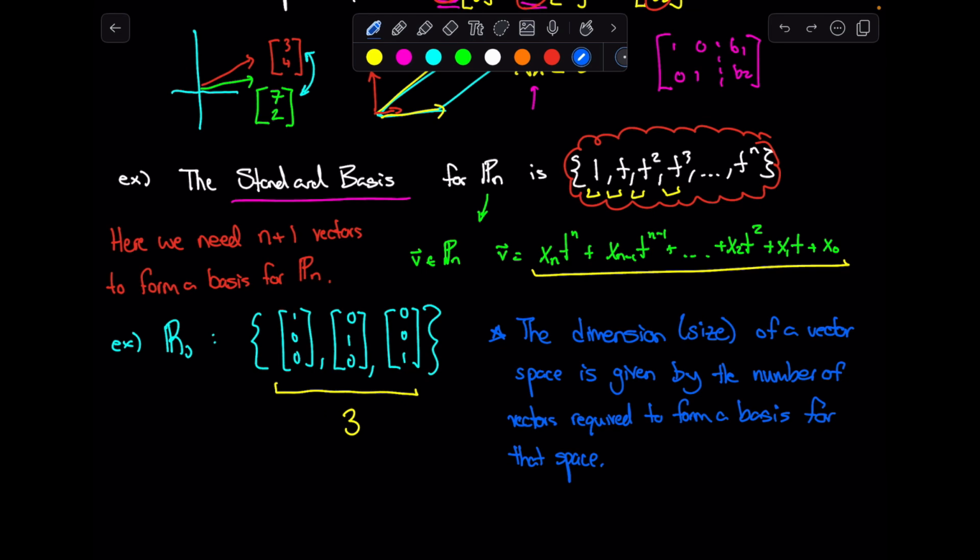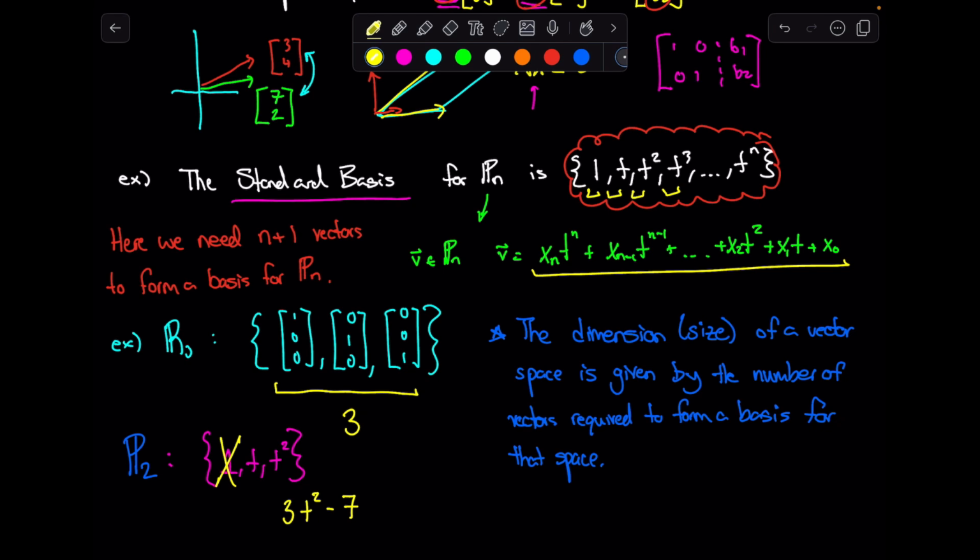But something that blows people's minds is, for instance, P2, the second degree polynomial space. This vector space has dimension 3 because the standard basis here is going to be 1, t, and t squared. If you take out any one of these, say you remove the number 1, then how on earth would I construct the polynomial 3t squared minus 7?